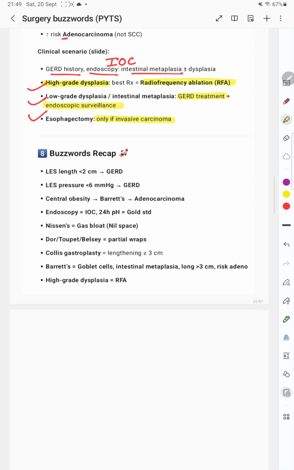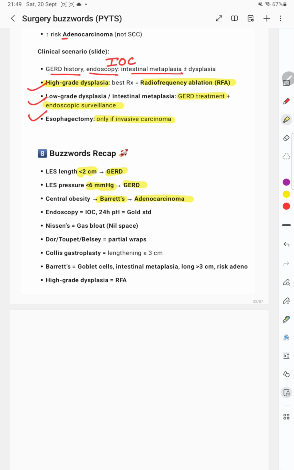So here we have to remember the buzzwords. If the lower esophageal sphincter length is less than 2 centimeters, it can lead to GERD. If pressure is less than 6, then again GERD. Central obesity can lead to GERD, then GERD can lead to Barrett's, and Barrett's can ultimately lead to adenocarcinoma.